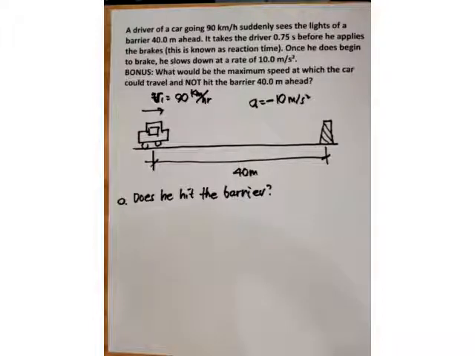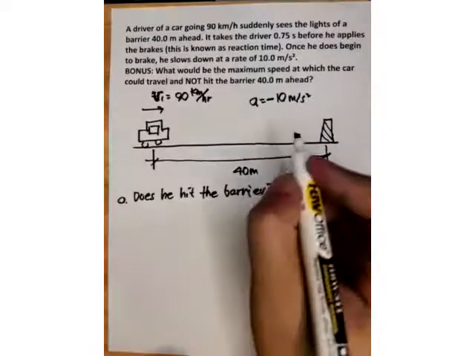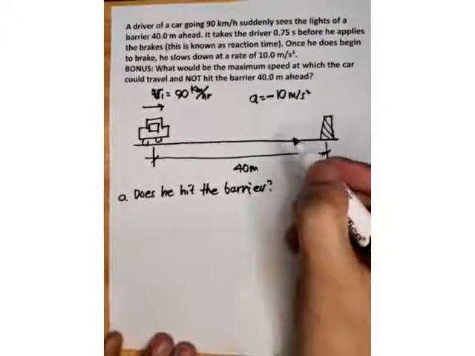Okay. So, dalawa lang given natin, tatlo, pero yung 40 is just a reference. We won't be using it. Dapat hihinto siya, tama ba?